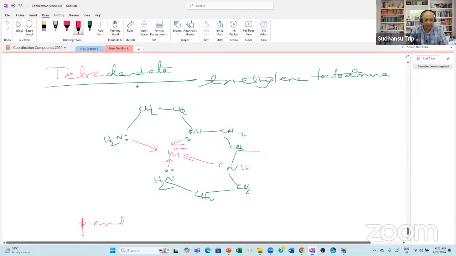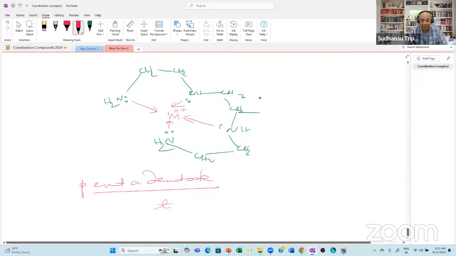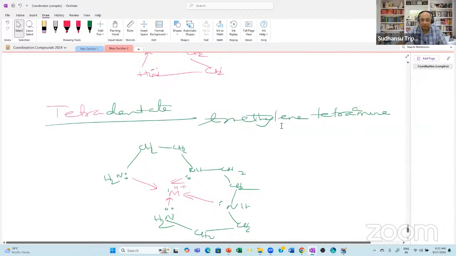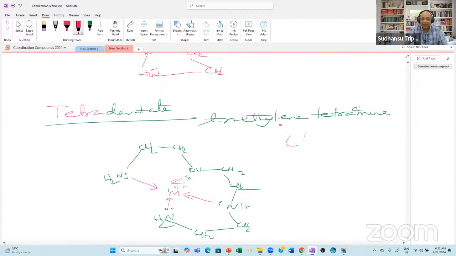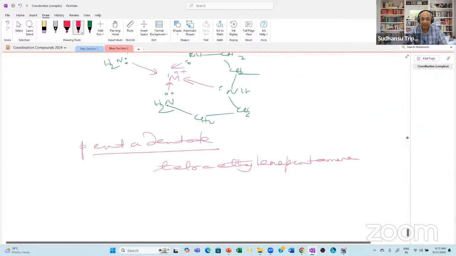Similarly, this is pentadentate. Just extend this, it will be tetraethylene pentamine. This is trien. This is tetraen.